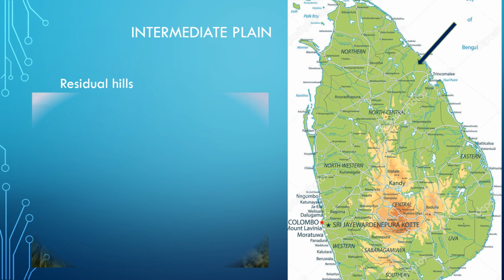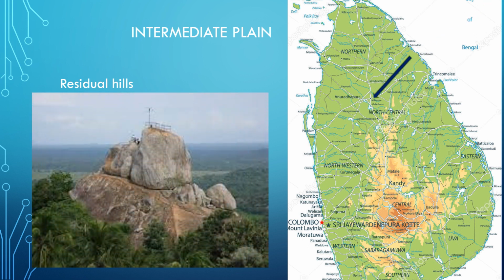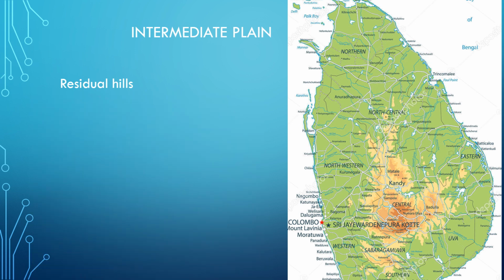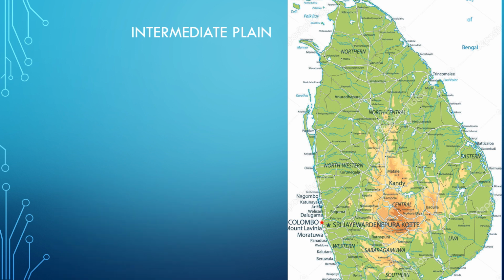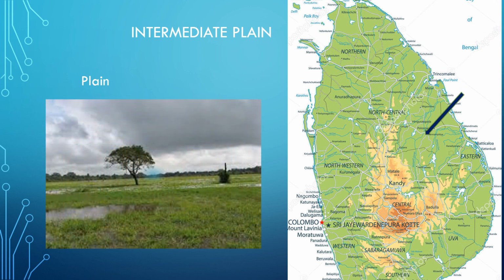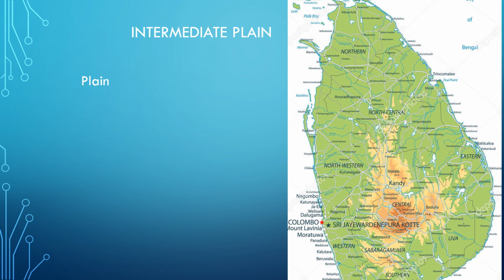Examples: Mihintale, Sigiriya. Second one is plains. A plain is a large area of flat land with few trees. Examples: Wasgamuwa, Udawalawe.